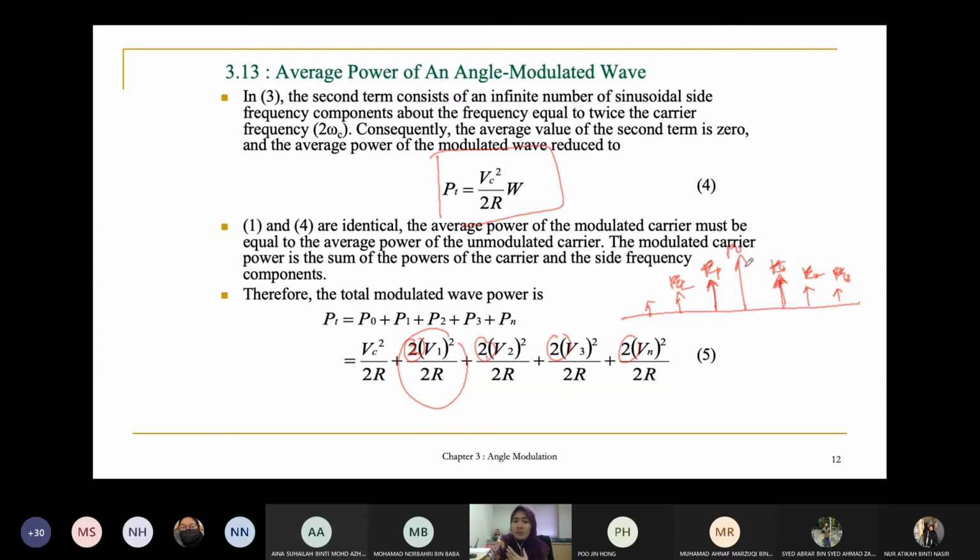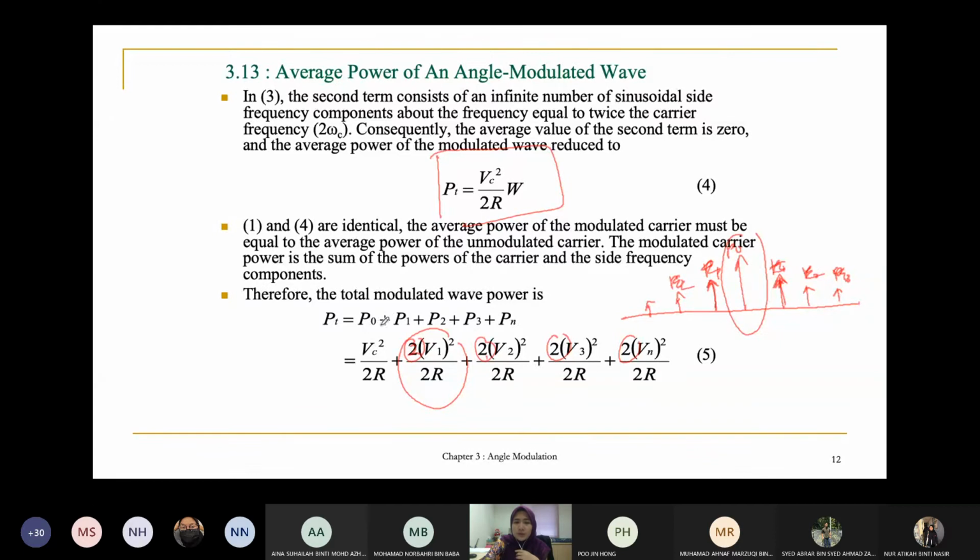Except for P0. P0 is the carrier power. The carrier power is Vc squared over 2R, so you don't need to multiply this one by 2.